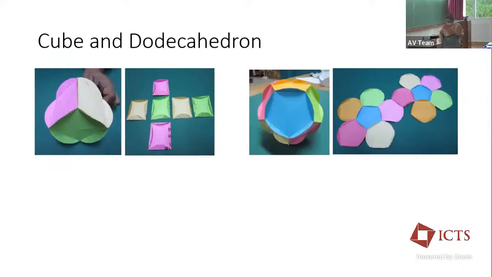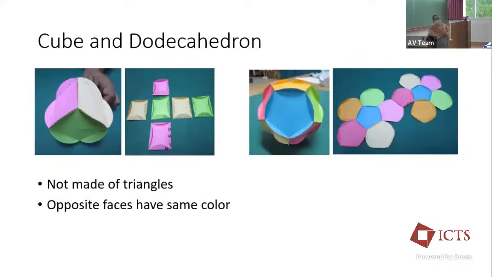Why that halving? One of the things is these are the only 2 Platonics which are not made of triangles. The rest are all made of triangular faces, and the opposite faces have the same color. That's why the halving.